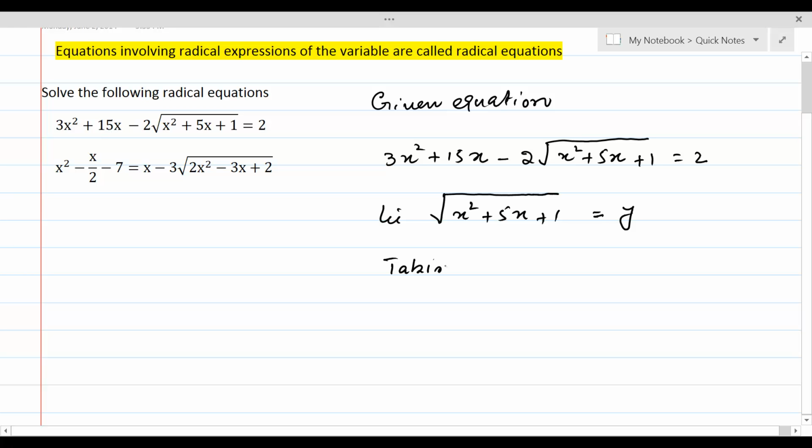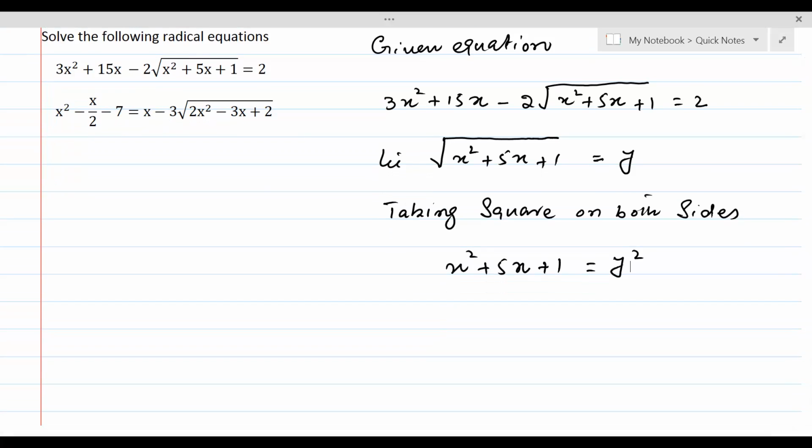taking square on both sides, what we have is x squared plus 5x plus 1 equal to y squared. But outside, the first two terms are 3x squared plus 15x.